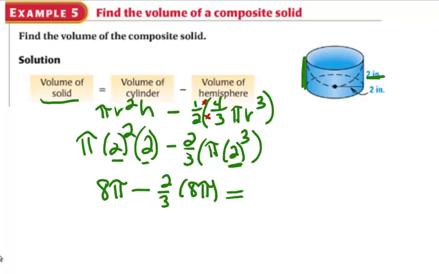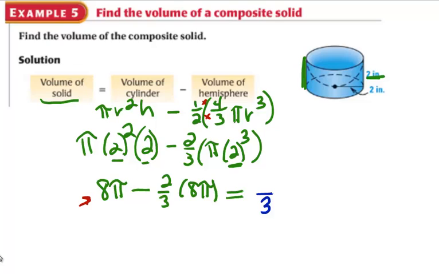Now let's go ahead and keep this in terms of pi, and if I want to do that, I'm going to have to get a common denominator. So I'm going to have to make this term over here have a denominator of 3. If I put the 3 in the denominator, remember that I'd have to multiply the top by 3.